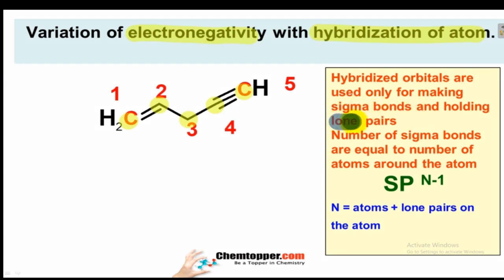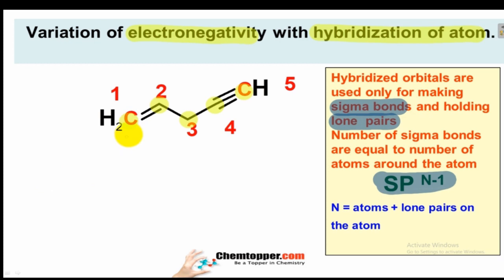We can easily predict hybridization by calculating the number of sigma bonds and the lone pairs on the central atom. You can use this general formula. Hybridized orbitals are used only for making sigma bonds and for holding lone pairs. They are never used in making pi bonds, and pi bonds are formed by pure p orbitals.